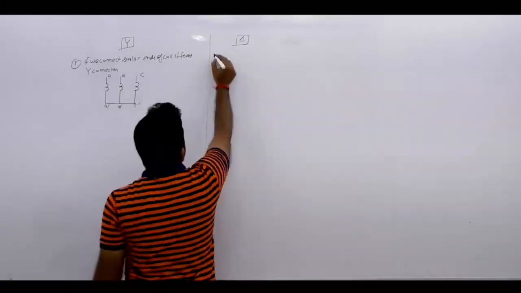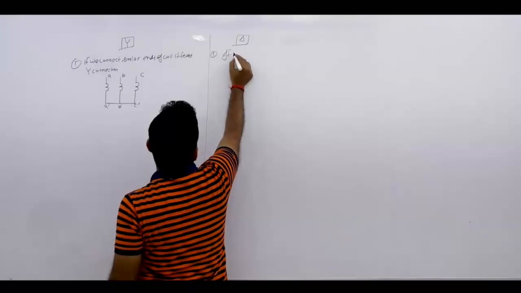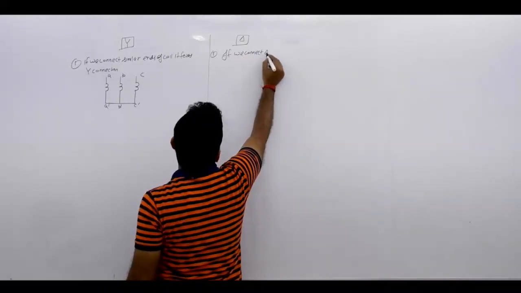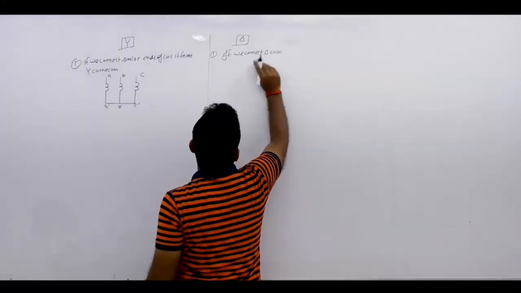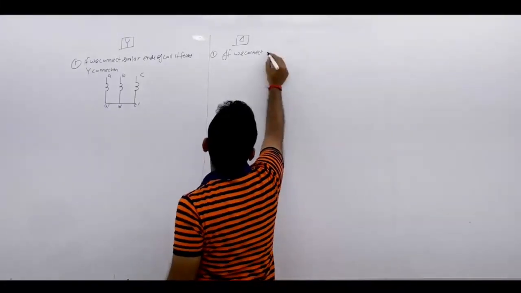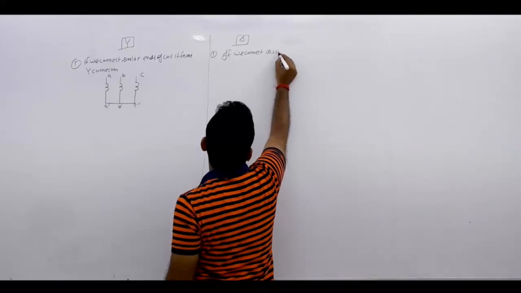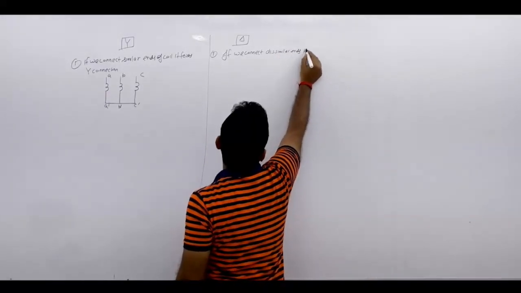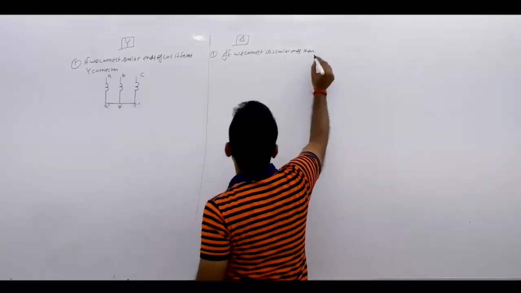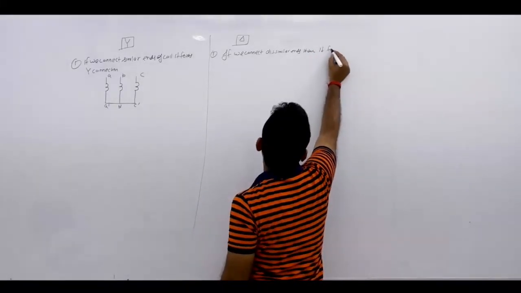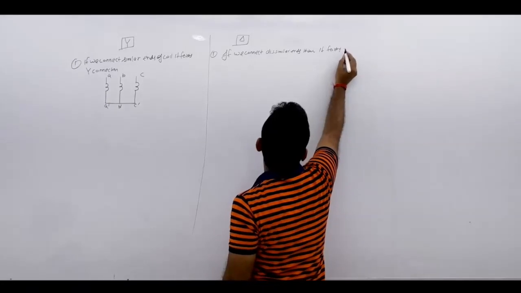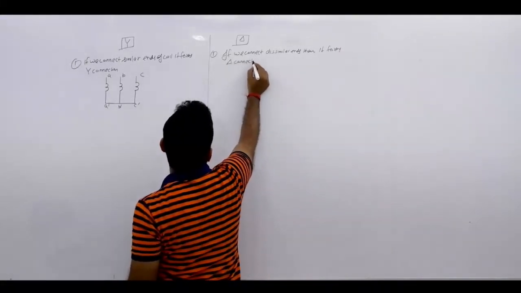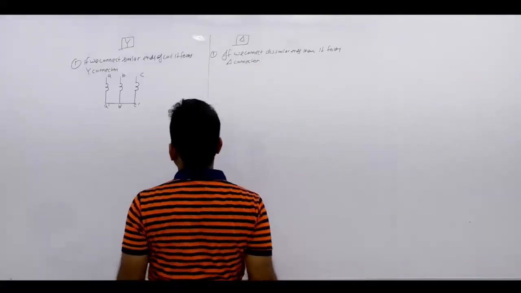Now in the delta connection, if we connect dissimilar ends, then it forms a delta connection. Okay so far?